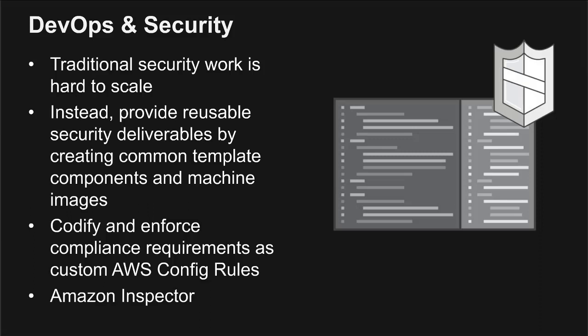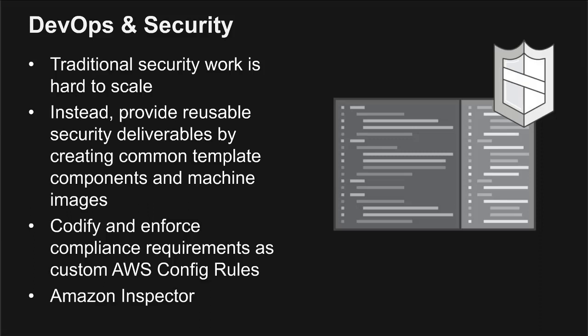Some other things to think about when it comes to configuration management. Traditional security work is hard to scale. Traditionally, you just have periodic security scans, you have security engineers who manually scan things, but what you can do when you have configuration management is you can have your security checking as part of your infrastructure.